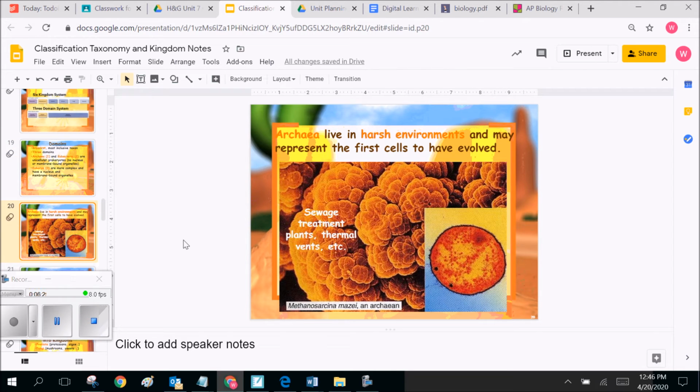So archaeans are going to be living in harsh environments. They can survive incredible temperatures, temperatures that would melt metal. Archaeans are, because of this, known as extremophiles. They like to live in extreme places. They can live in sewage treatment plants, thermal vents beneath the surface of the sea. They can live in extremely salty waters that would kill other organisms.